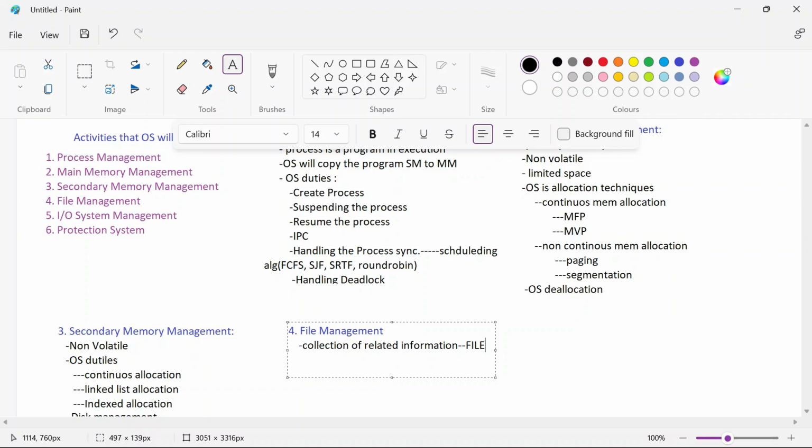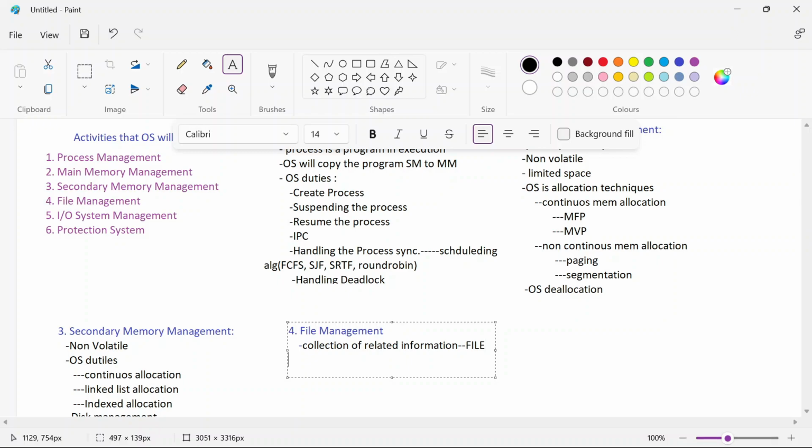But you need to understand it is a collection of related information. Let us consider a student file or an employee file. If you are talking about a student file, we will have student related information in that file. If you are considering an employee file, then only employee related data will be stored in that file.